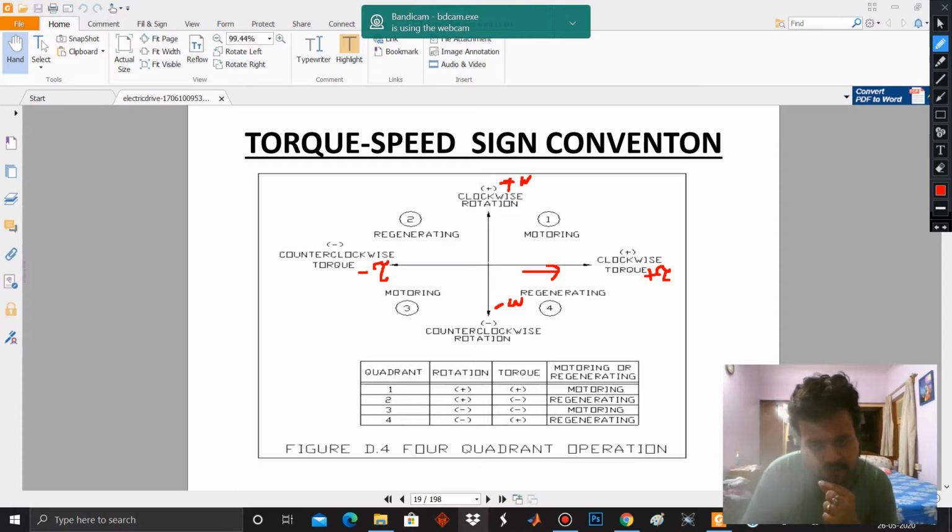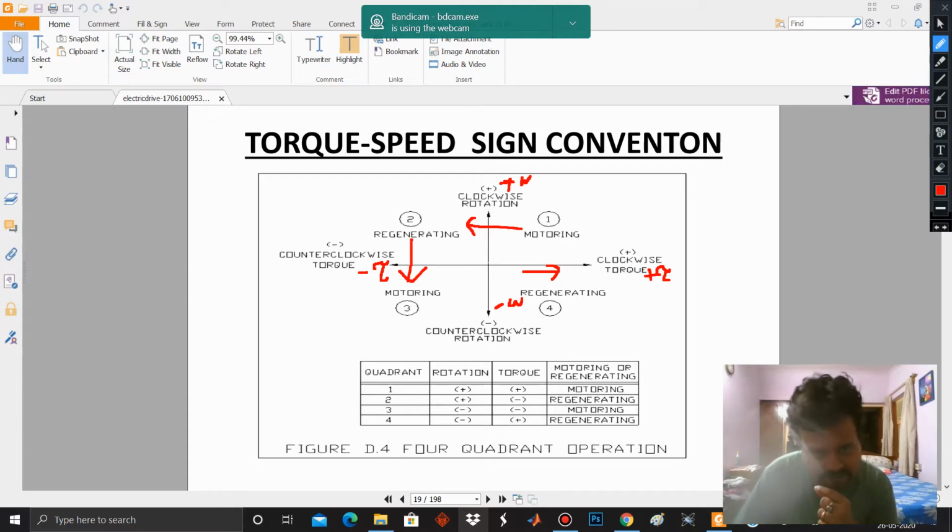Now we shift from the first quadrant to the second quadrant. So what are the signs in the second quadrant? You can see that the torque has become negative, but the speed remains positive. Now we migrate from the second quadrant to the third quadrant. Now you see what has happened.